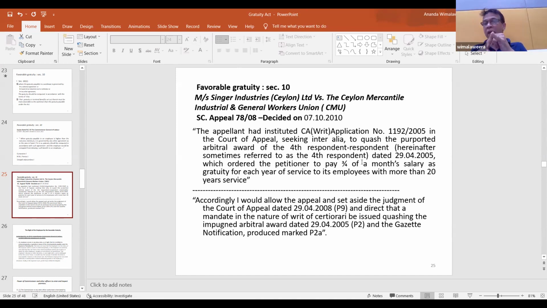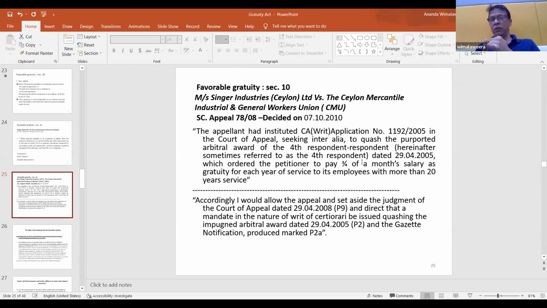In order to have an agreement under the law of contract, two conditions must be fulfilled.